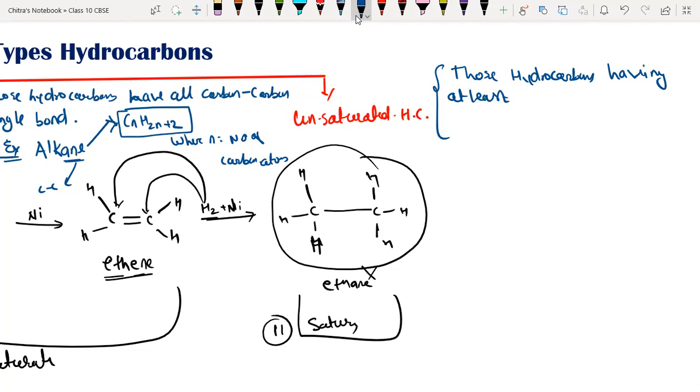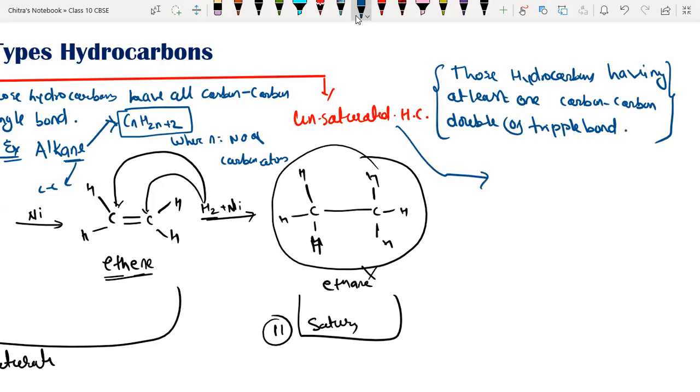So those hydrocarbons having at least one carbon double or triple bond are called unsaturated hydrocarbons. Example, we have two types of unsaturated hydrocarbon.